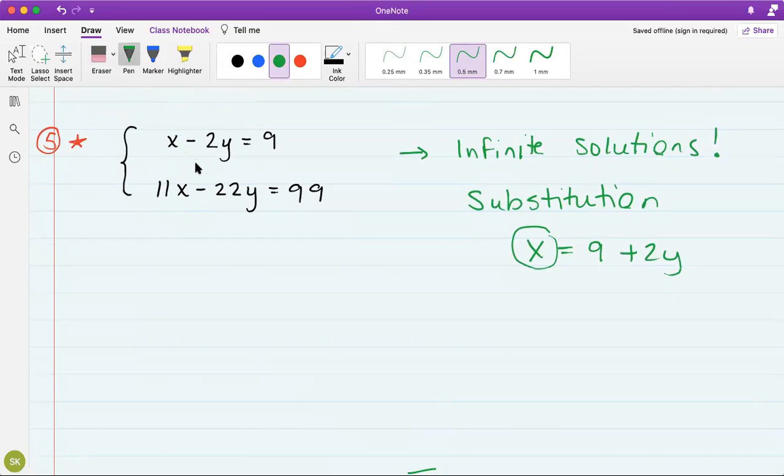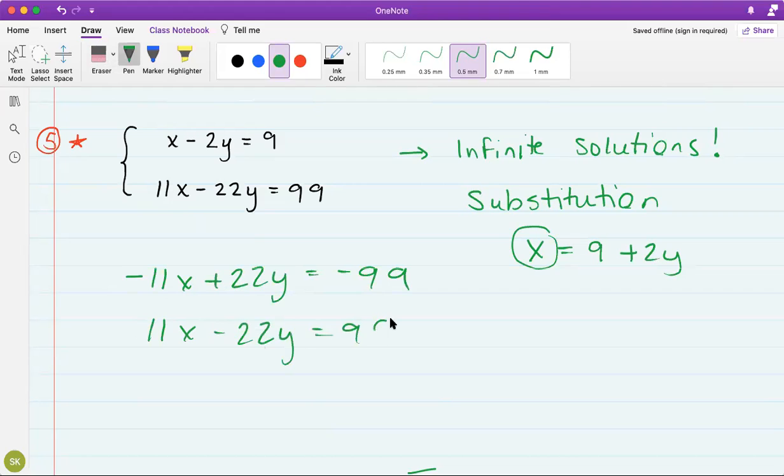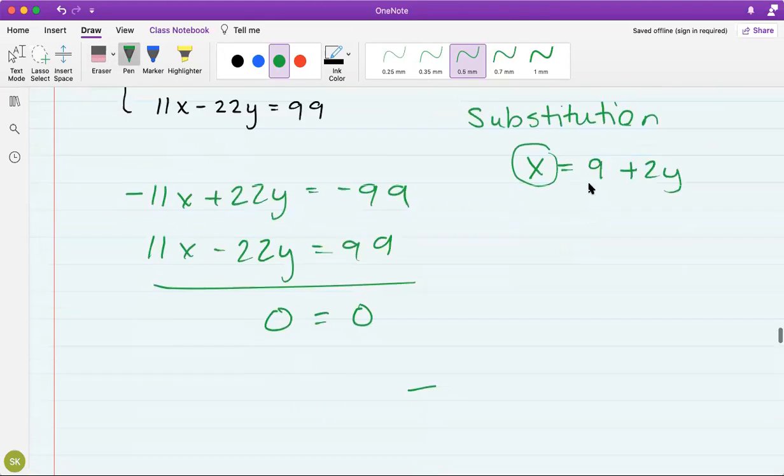Let me just multiply the top equation by -11 to get rid of this x. So I'll get -11x plus 22y equals -99. And then on the bottom, I have 11x minus 22y is 99. Then we add them together, we get 0 is equal to 0, which is a true statement. The x and the y's went away. So that tells you you have infinite solutions.